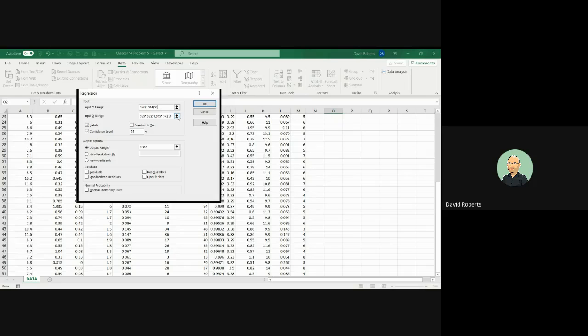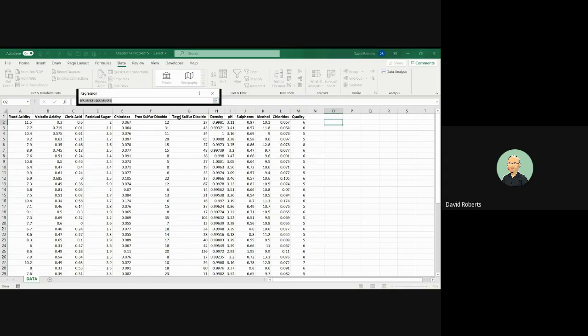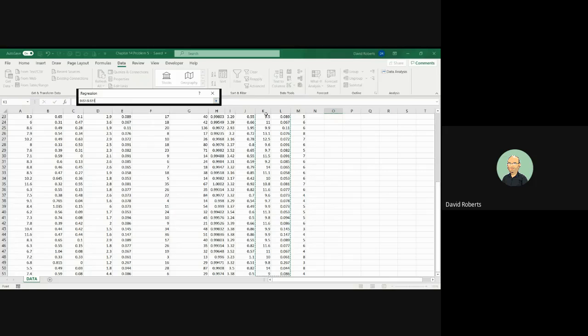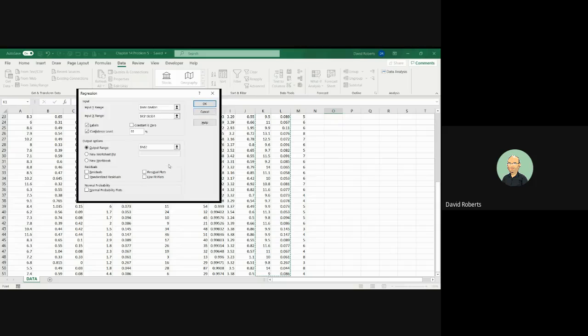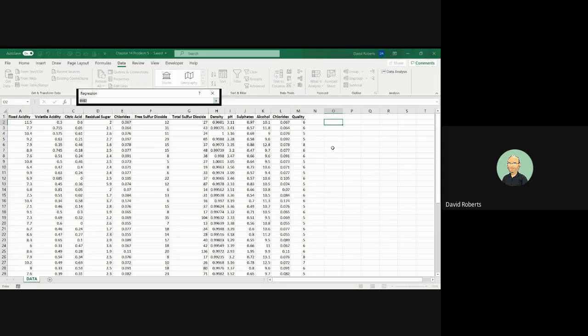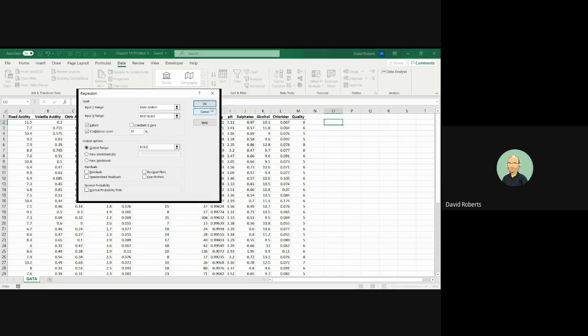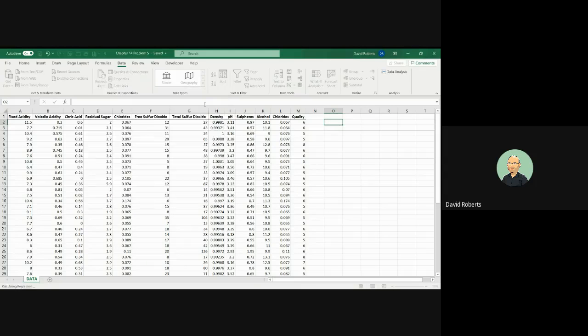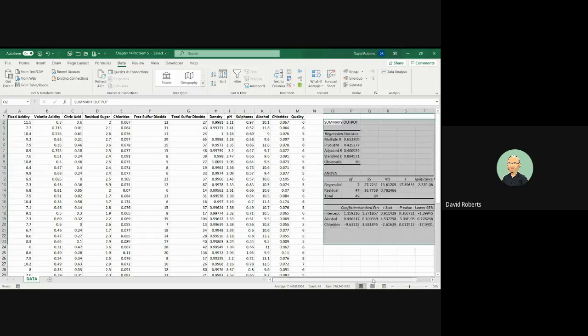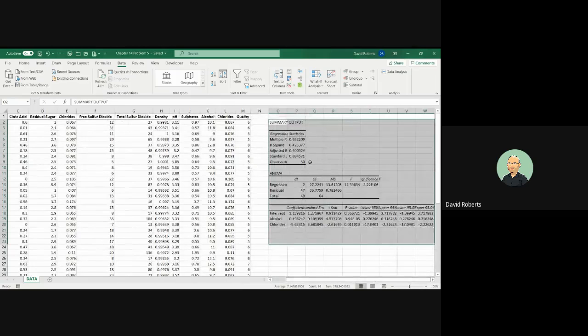The input is columns K and L. The output range, I'm going to put over here in O2. And then I'm going to go okay. So I'm going to scroll over so you can read it.